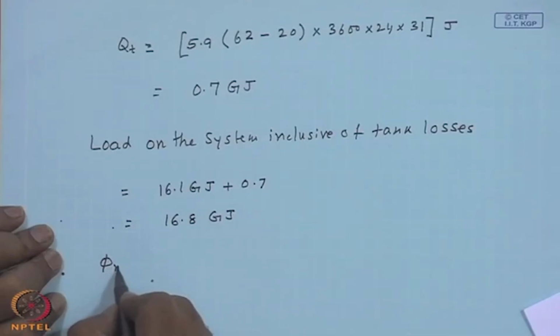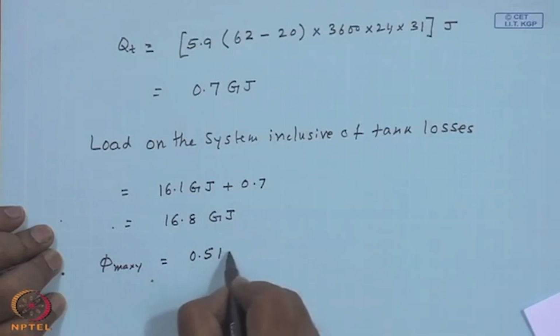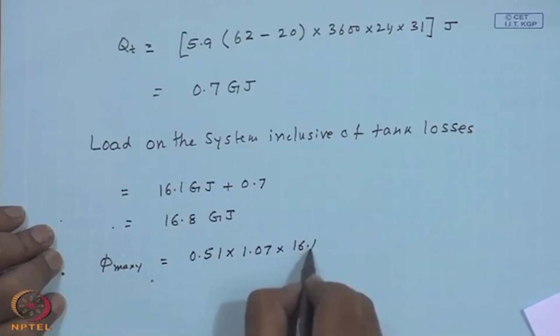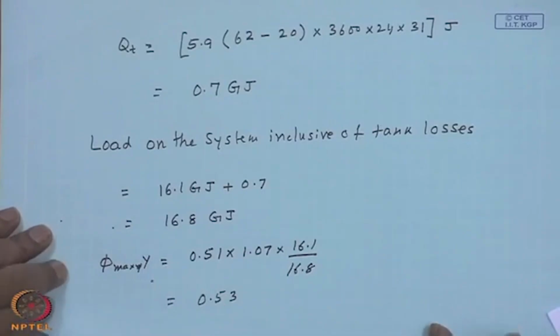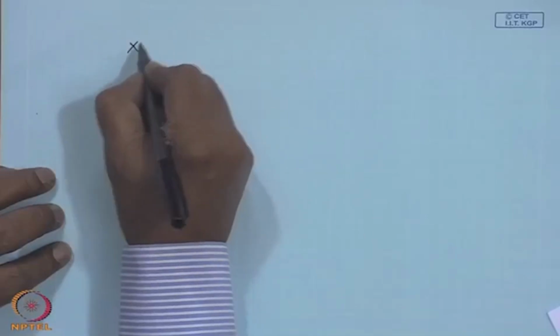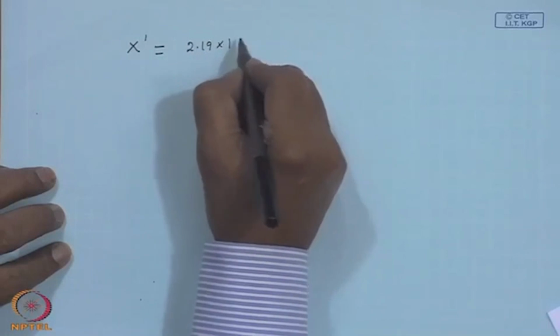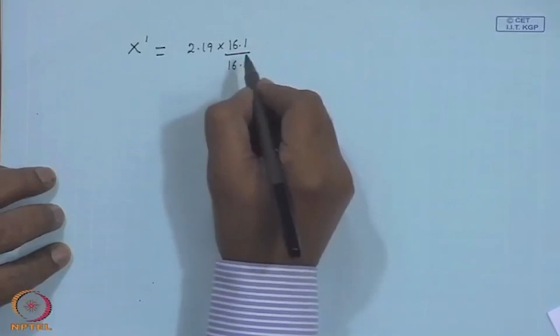Now, my phi bar max y is proportional to this original 5.1 times original y, 1.07 into 16.1 by 16.8, which is 0.53. Phi bar max y in not subscript. Okay. Similarly, x dashed should be enhanced, equal to 2.19 into 16.1 by 16.8.